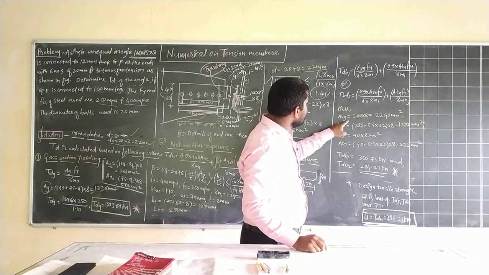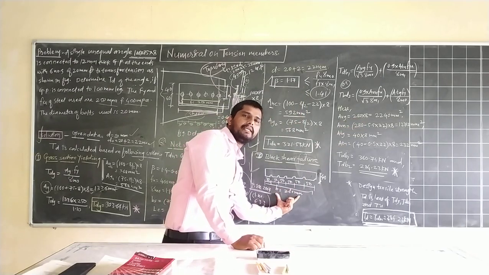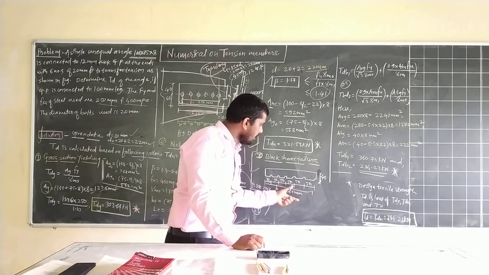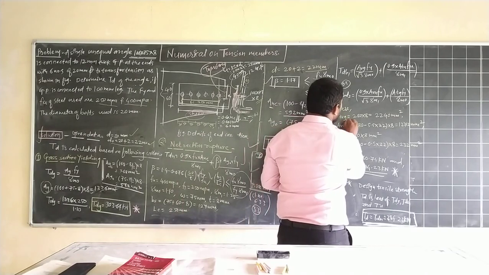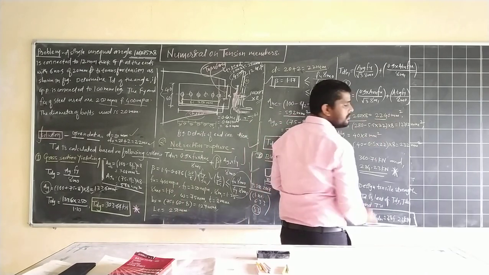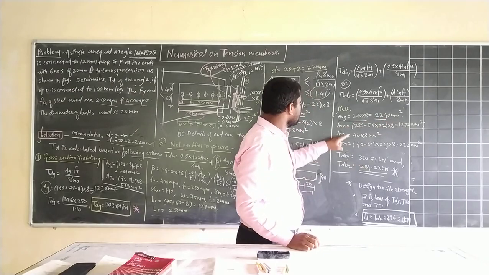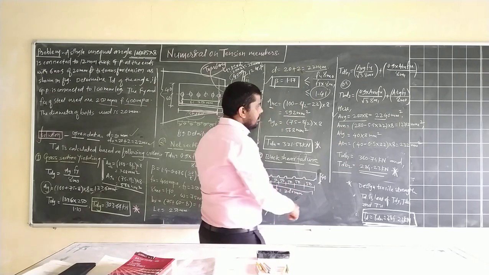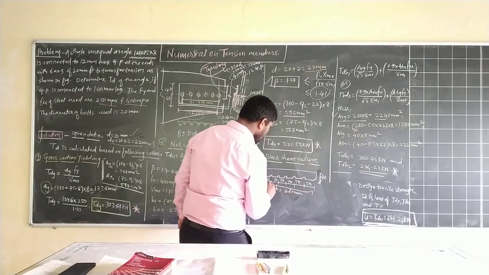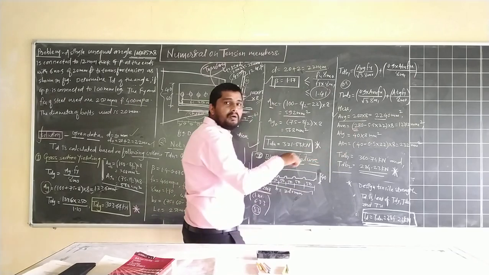So AVG is equal to 280, where 280 is the width, multiplied by the thickness of plate, 8 mm. So this is the gross area: 2240 mm square. Then the net shear area. We know that this total length is 280 mm, minus the number of bolts.